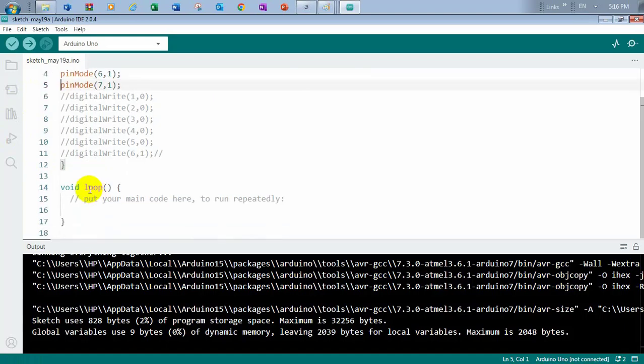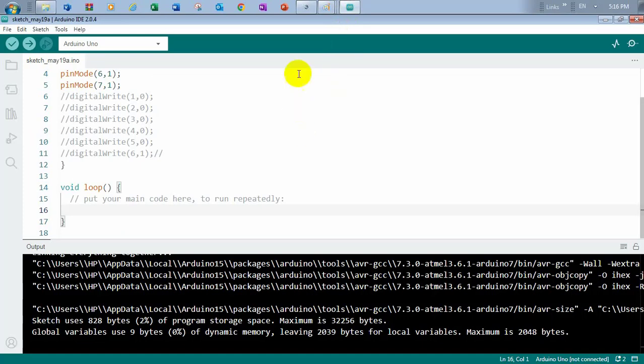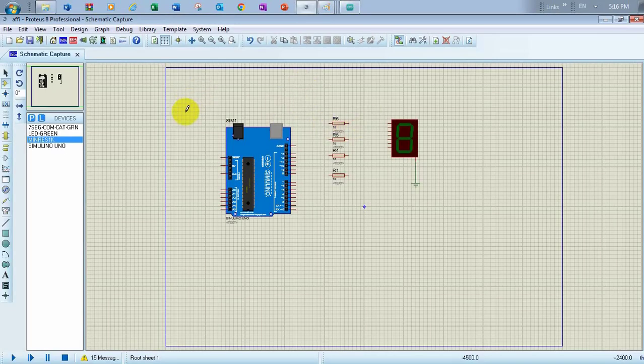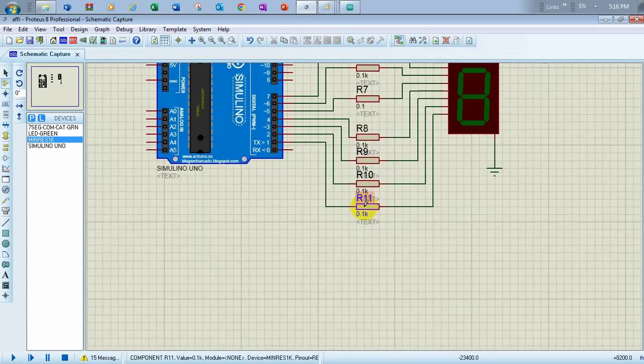What do we want to do? We want to make a counter.